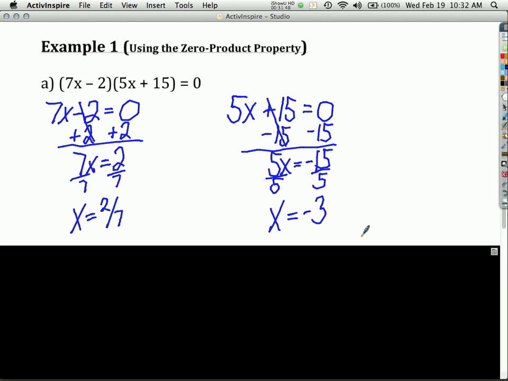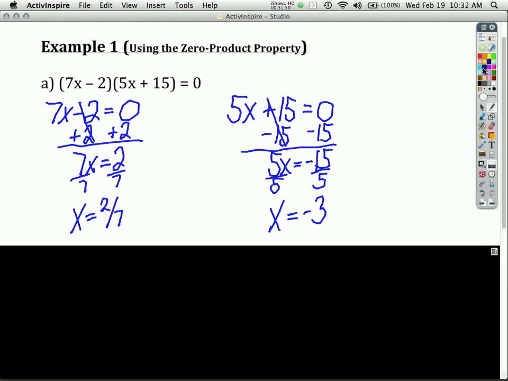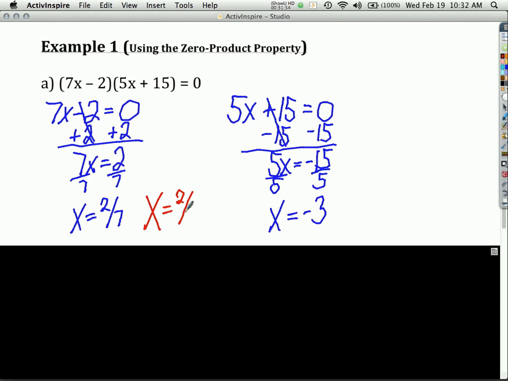Now I have my two solutions. So the solutions are x equals 2/7 and x also equals negative 3. Because those are the two locations where this will cross the x-axis. Does anyone have any questions or comments at this point?